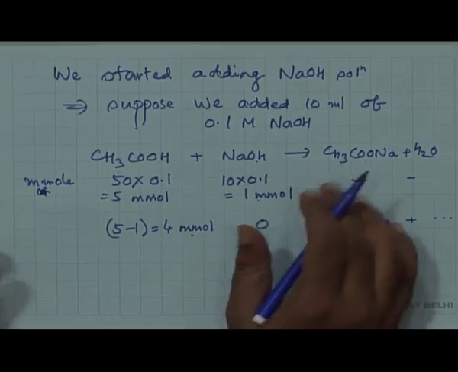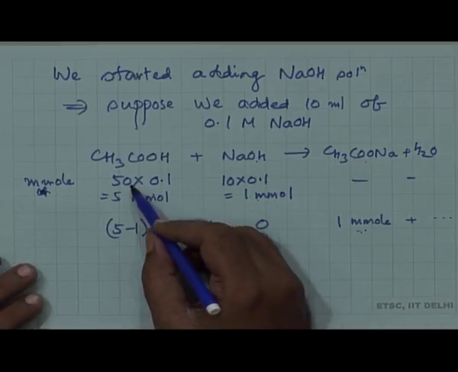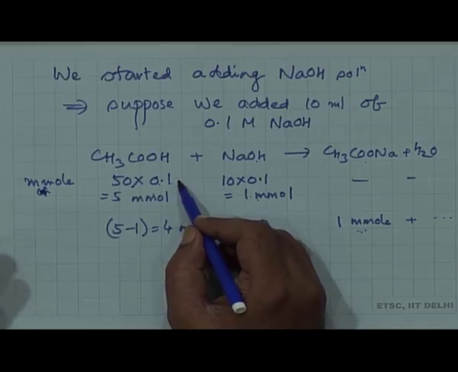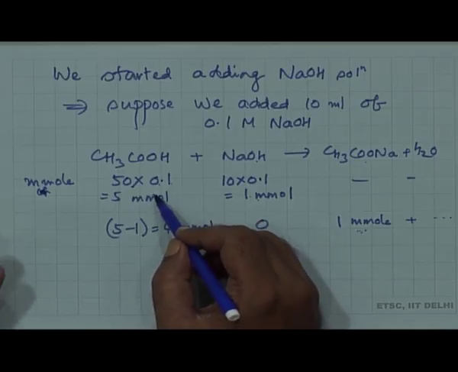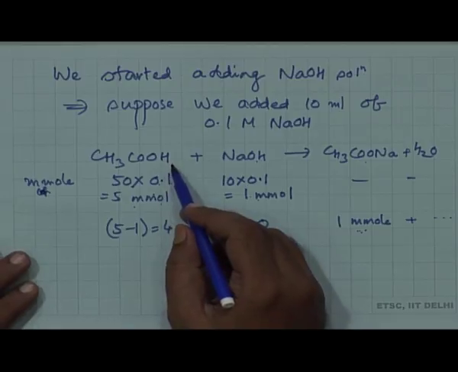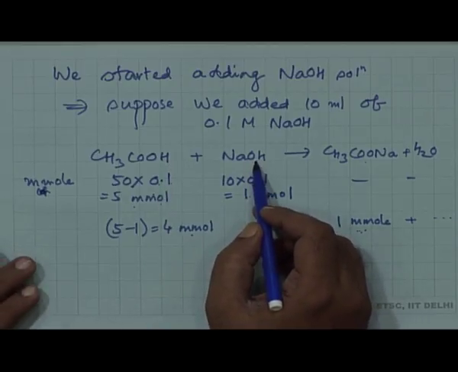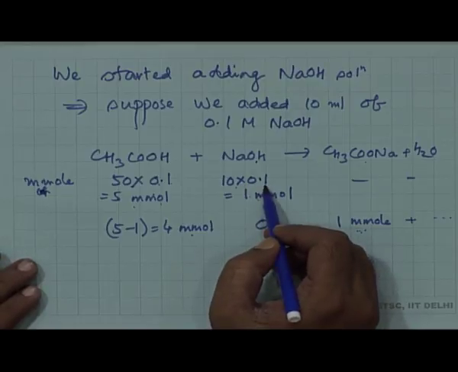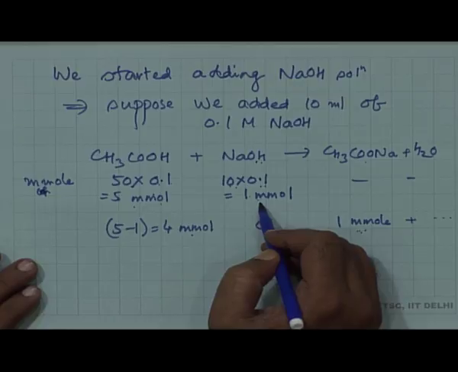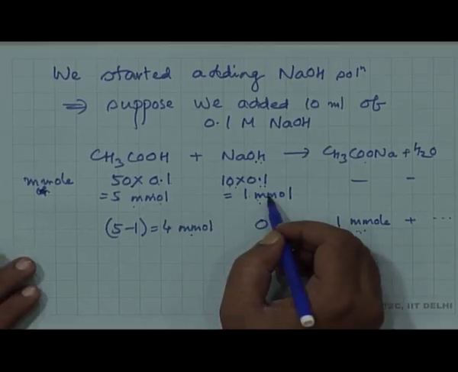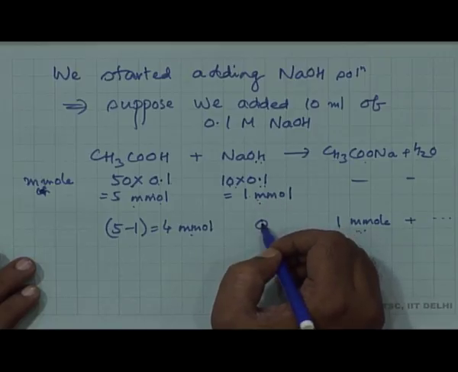Again, just look at it. We started with 50 ml of 0.1 molar acetic acid, which means we have 5 millimole of acetic acid. We added 10 ml of 0.1 molar NaOH, and 10 into 0.1 is 1 millimole of NaOH. They will completely react and NaOH will go to 0.